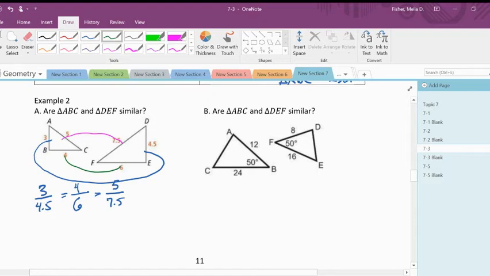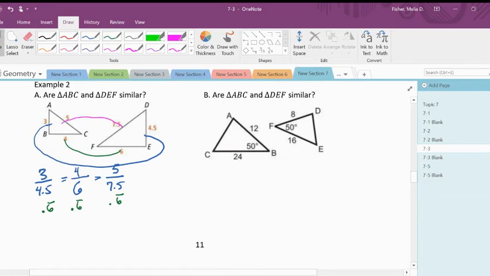Make sure that if you put the small triangle on top, you put the small triangle on top for all of them, or if you put the big one on top, you put the big one on top for all of them. When I do this, this comes out to a repeating 6, this is a repeating 6, and this comes out to be a repeating 6. So because all of those are equal, the sides are proportional.